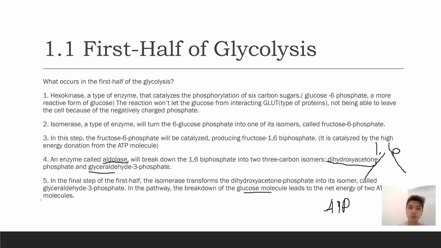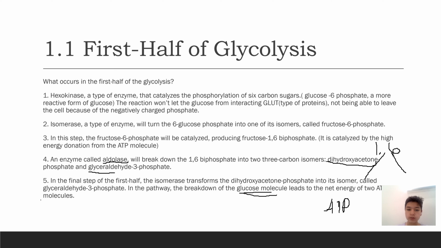ATP molecules are a type of fuel for cells, or in other words, adenosine triphosphate, which we discussed before. What this sentence is trying to say is that the glucose molecule will be broken down into 2 ATP molecules.